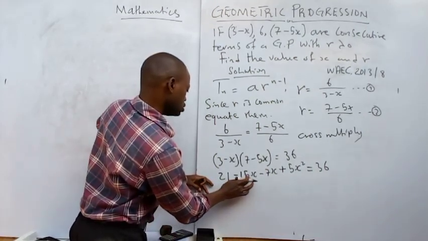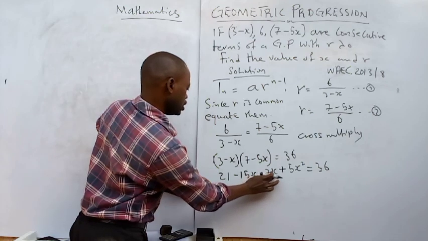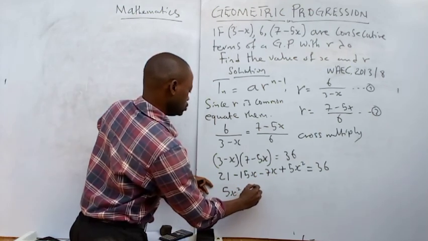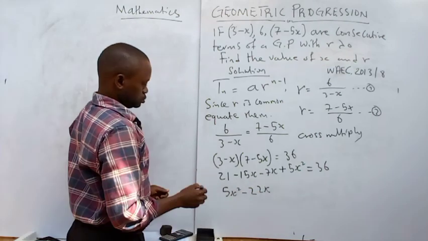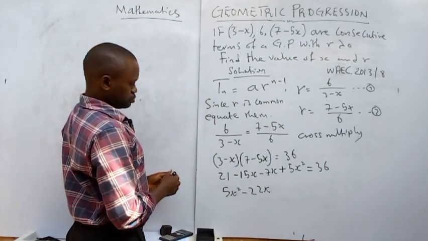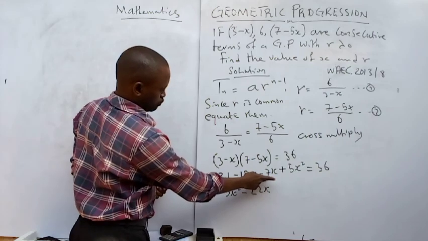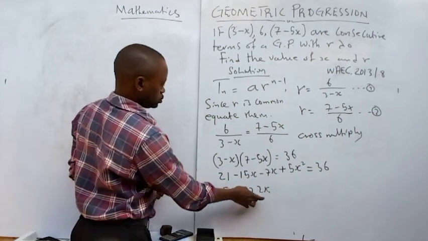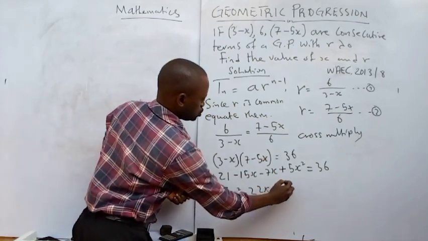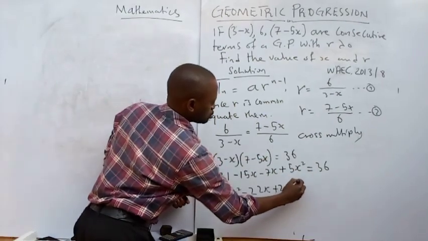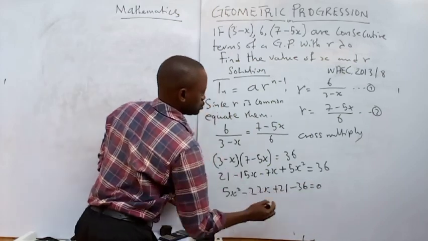Then minus 15 minus 7x will give me minus 22x. Yes, minus 15 minus 7. If I put 7 in here, it will be 22. Minus 22x. Then I will bring over plus 21. Then bring over minus 36 equals to 0.